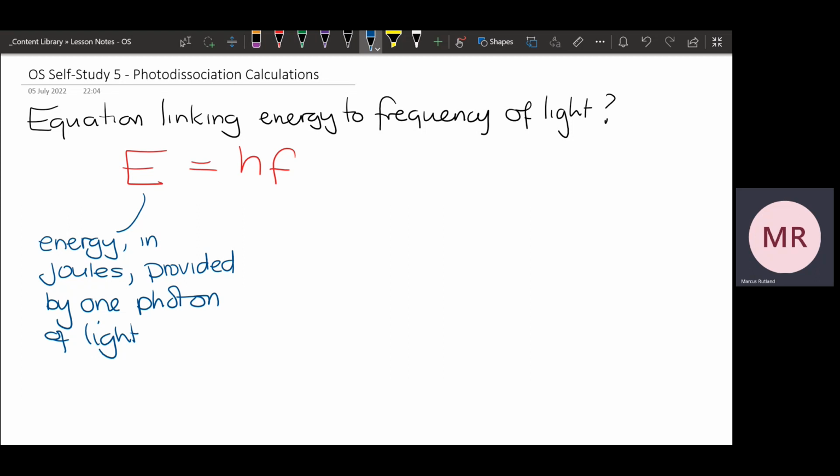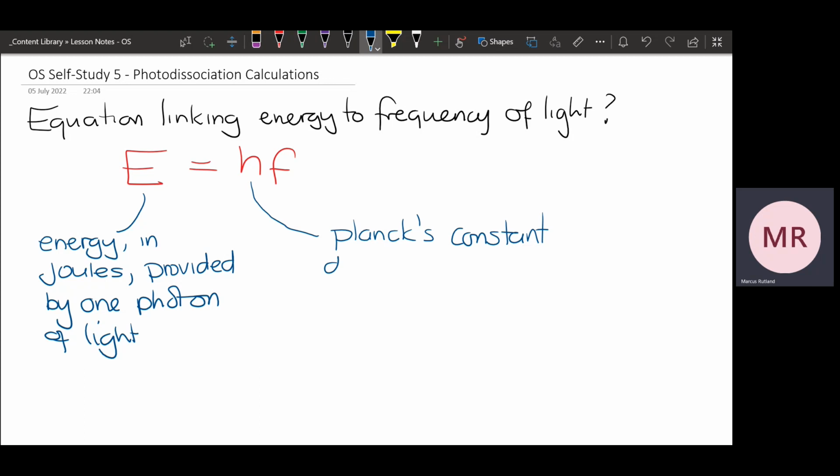You can think of light traveling in little packets, little particles, carrying a certain amount of energy. How much energy each particle carries depends on the frequency of light. The higher the frequency, the more energy each photon carries. The lower the frequency, the less energy each photon carries. h, did you remember what h was? This is Planck's constant. It's something you won't be told in the question paper, but you're not expected to memorize it either.